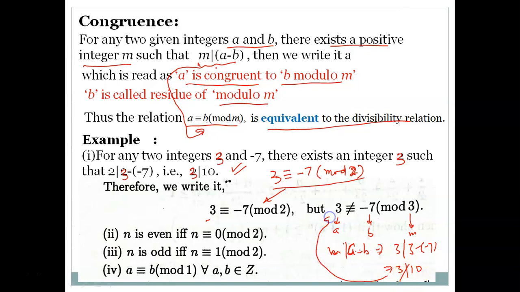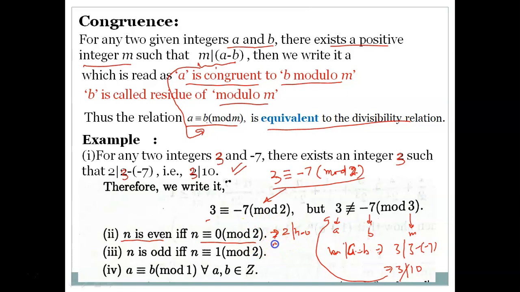Therefore we cannot write that 3 is congruent to minus 7 modulo 3, so the cross is put here. These are examples, and you can also say these are properties: n is even if and only if n is congruent to 0 modulo 2. Obviously n will be even if it is divisible by 2. So the situation is that 2 divides n minus 0.